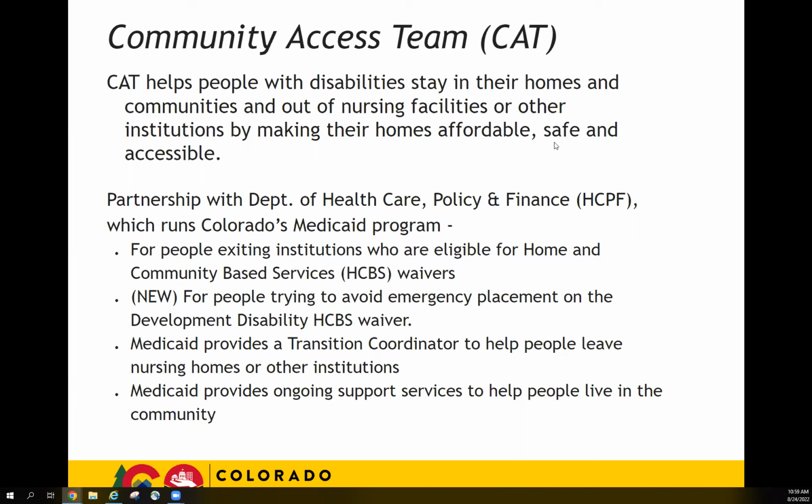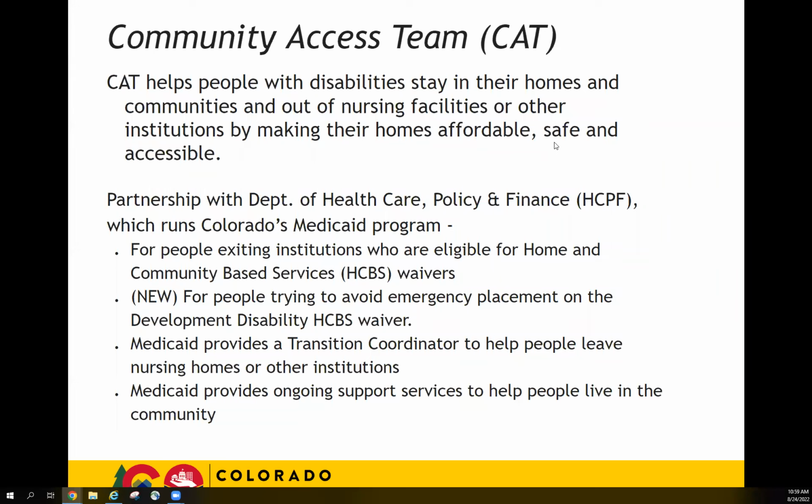The Community Access Team, or the CAT team, as we have come to call it, helps people with disabilities stay in their homes and the community, and also to discharge from nursing facilities and other institutions into affordable, safe living, independent environments. So our partnership is with the Department of Healthcare Policy and Finance, or HCPF, our Colorado Medicaid program provider.